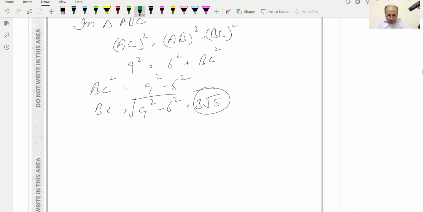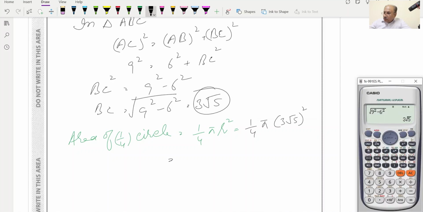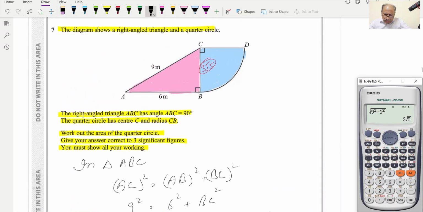So the area of one-fourth of a circle will be equal to 1 by 4 pi r squared. This will be equal to 1 by 4 of pi, and the r value is 3 root 5, squared. We don't have to provide the answer in terms of pi.